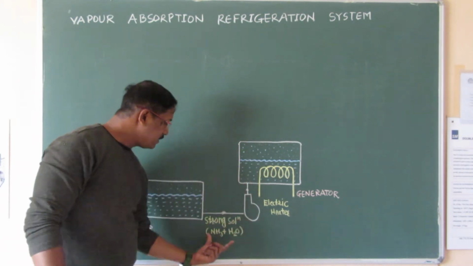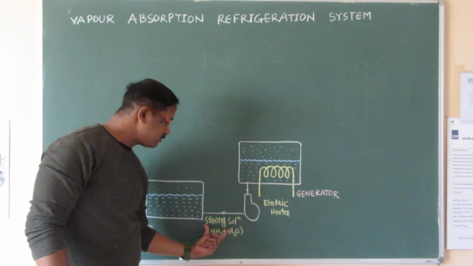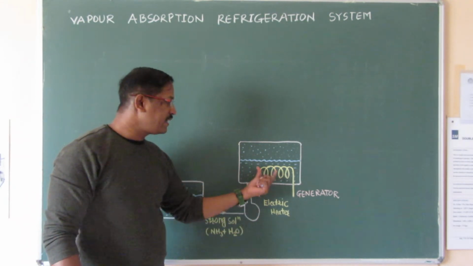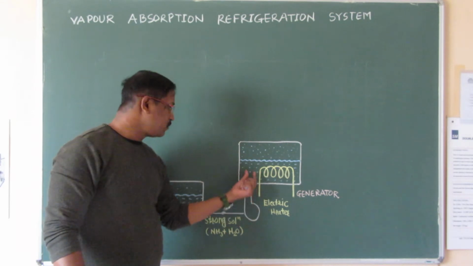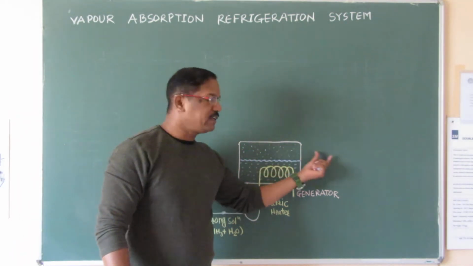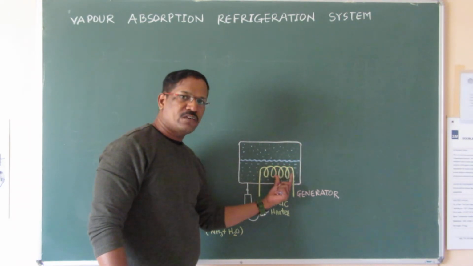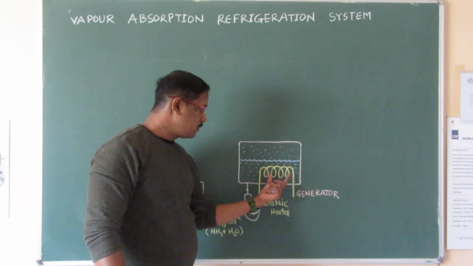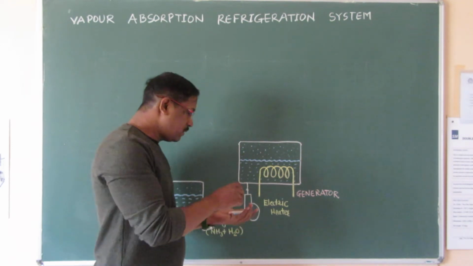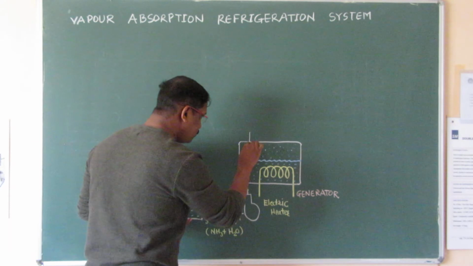When supplied, it has higher ammonia content and less water content, so it is a strong solution. When we provide heat to the strong solution, ammonia vaporizes, and when those ammonia vapors are supplied to the system for refrigeration, the solution has less ammonia and more water, so it becomes a weak solution. Then this weak solution is supplied back to the absorber.